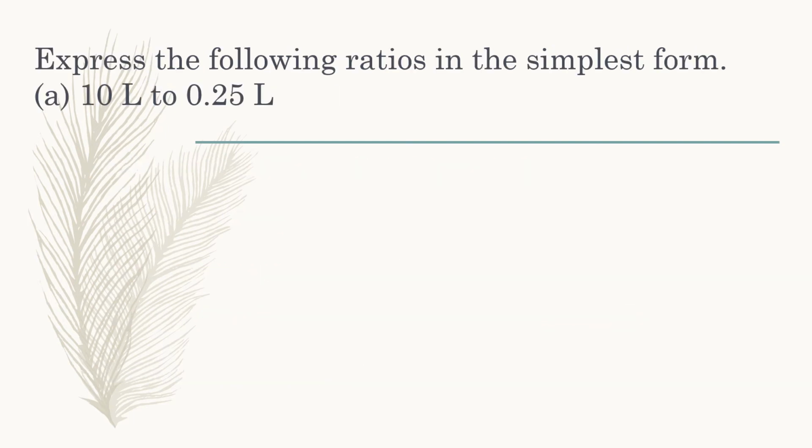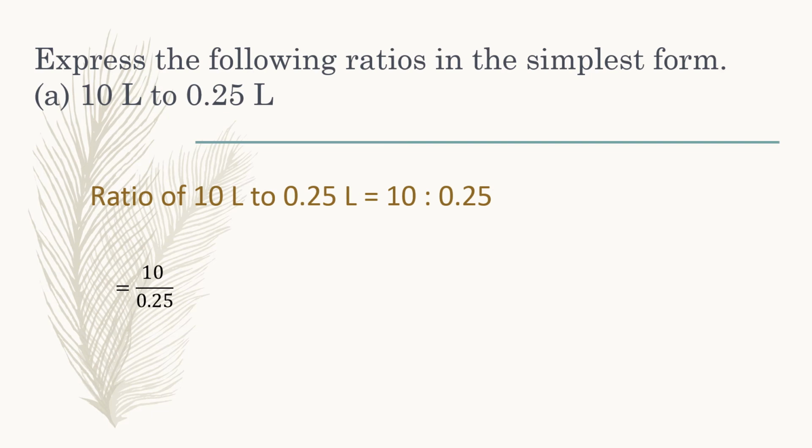Let us solve one more question. Question number 5. Express the following ratios in the simplest form. Question number A. 10 liter to 0.25 liter. So the ratio of 10 liter to 0.25 liter is 10:0.25. To simplify, write it as a fraction, that is 10 upon 0.25.